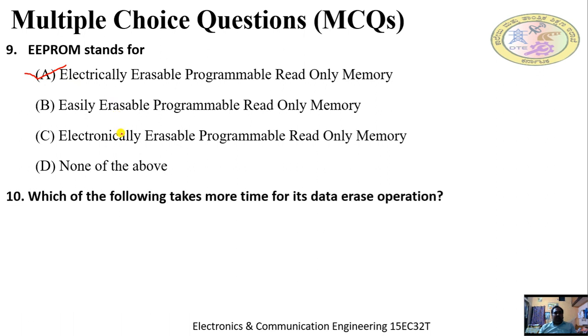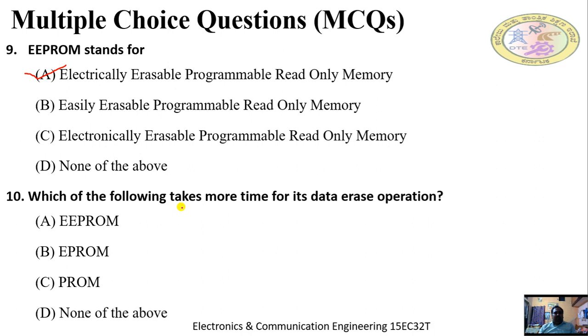Now the 10th question: which of the following takes more time for its data erase operation? E square PROM, EPROM, PROM and none of the above. Typically the erasing option is made available in EPROM as well as EEPROM versions of the ROM.